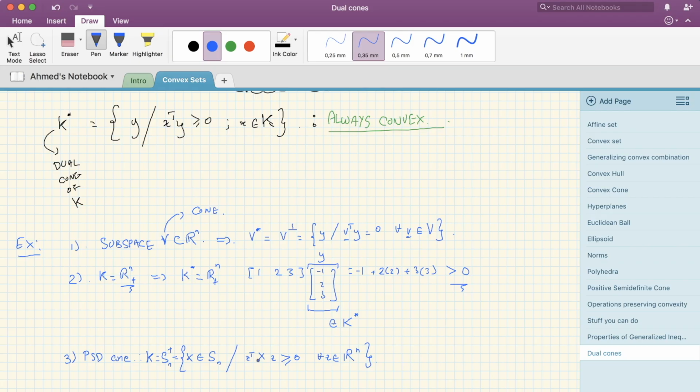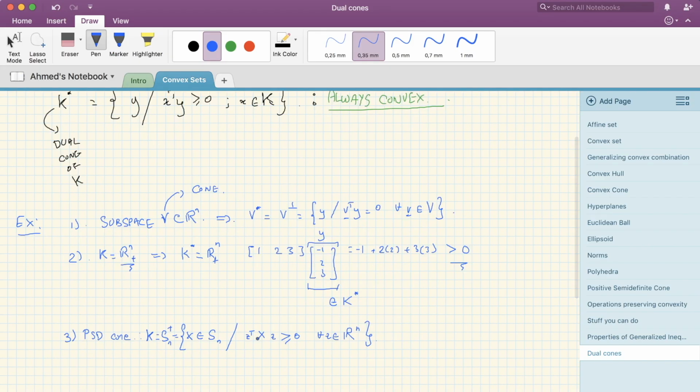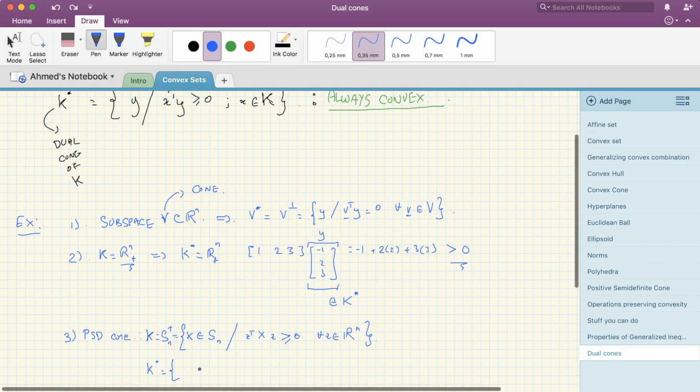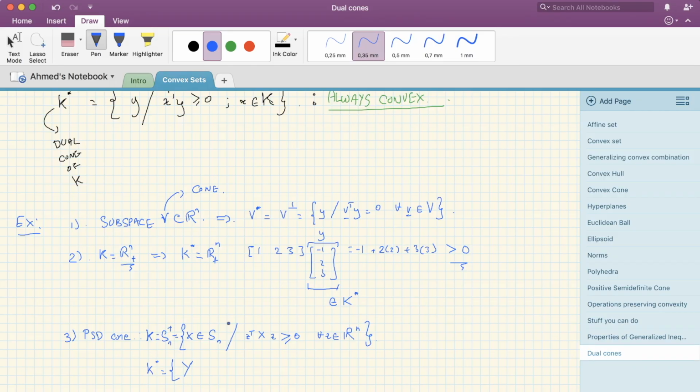So if we write the definition, K star is all y's such that, in that case, we would have matrices, right? So instead of vectors as such, we should write a matrix, because the dual cone of a matrix would be another set of matrices. So it's all y's such that, and to be able to say something that is positive, we can't say all x transpose y positive, because x transpose y would be a matrix.